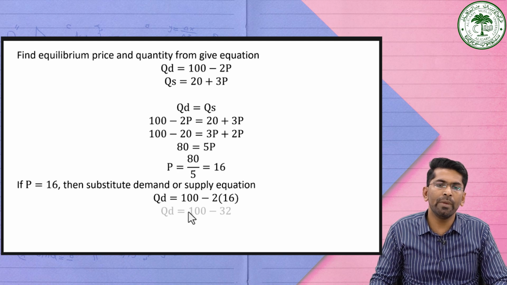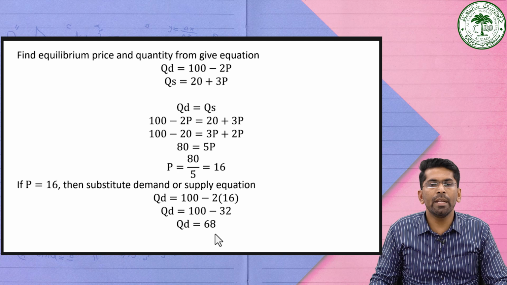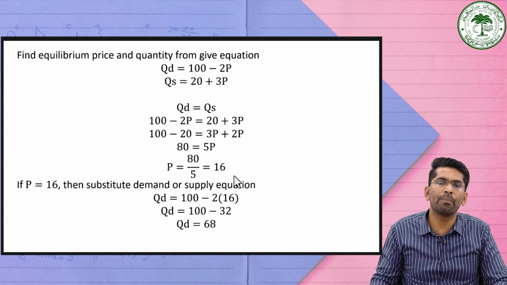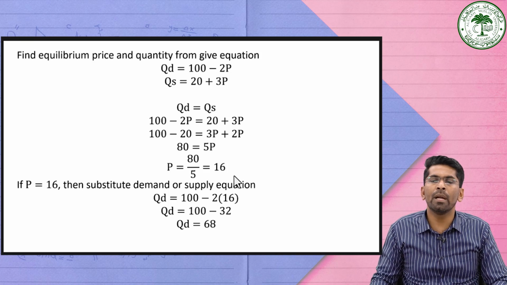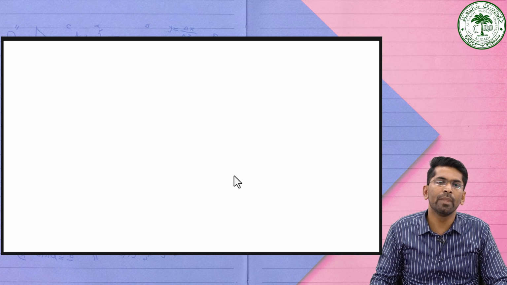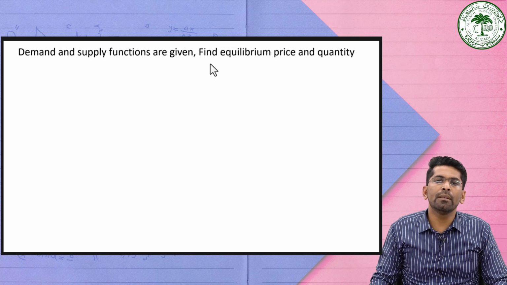Solving it, 2 into 16 is 32, so 100 minus 32 is equal to 68. So quantity demanded is equal to 68, which is also equal to the quantity supplied, and the market price is 16. In this way, we can find the equilibrium price and quantity from the given demand and supply functions.